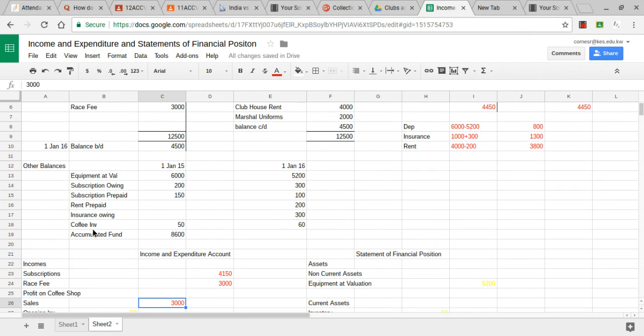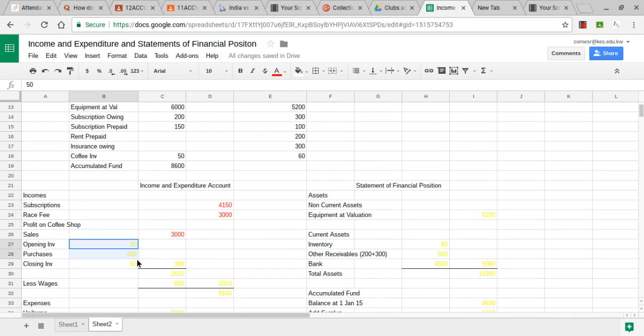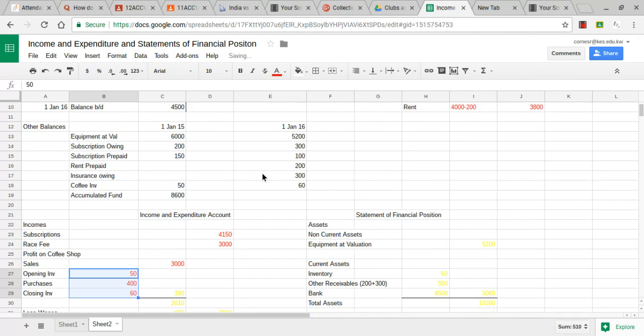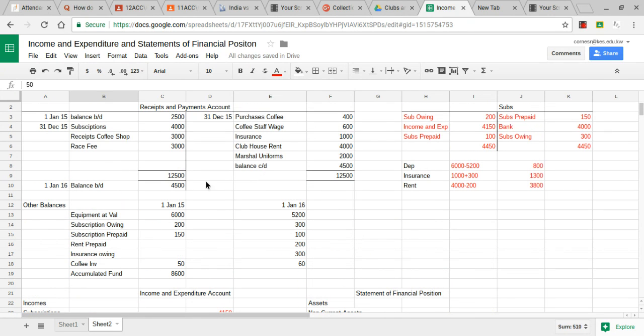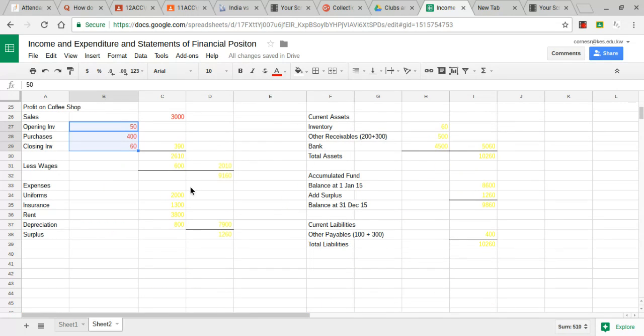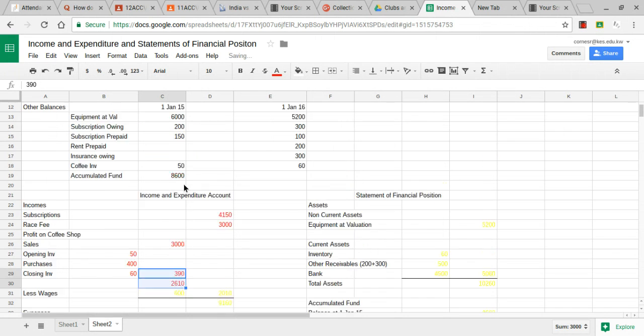And we're told there's an opening inventory of coffee and a closing inventory. Okay, I know my purchases of coffee were 400. And just looking down here, there's no opening or closing trade payables. Okay, so what I can do is come up with a gross profit of 2,610.